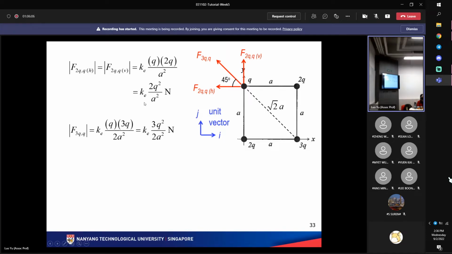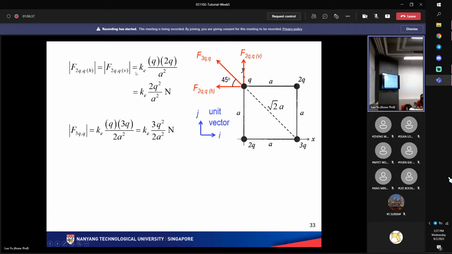For F3Q inclined, the distance between them is now square root 2 times a, because this is a right angle. So Coulomb's formula gives k e times Q times 3Q divided by square root 2 a squared, which is 2a squared. Now I get the magnitudes of the three forces.